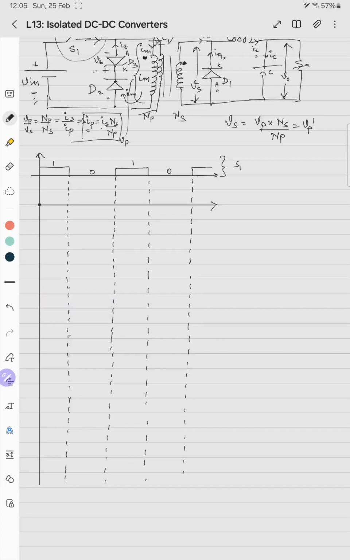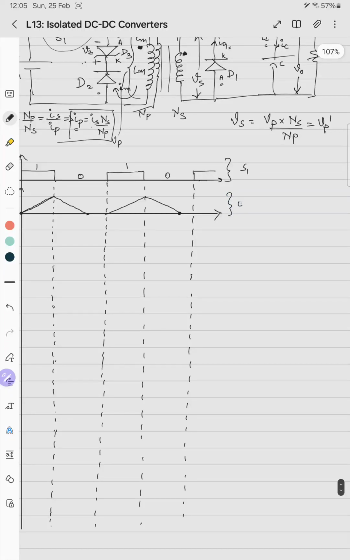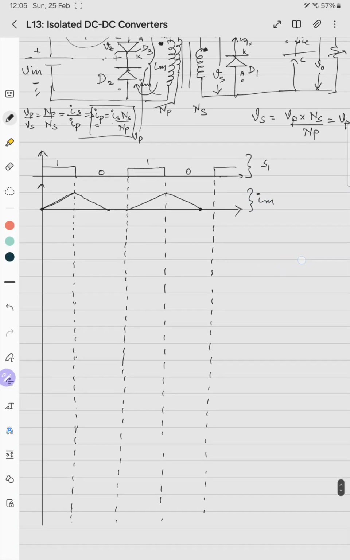Initially when the switch is on, IM rises and it falls, so it is discontinuous in nature. Again it rises and it falls with the same falling time. This waveform belongs to IM.